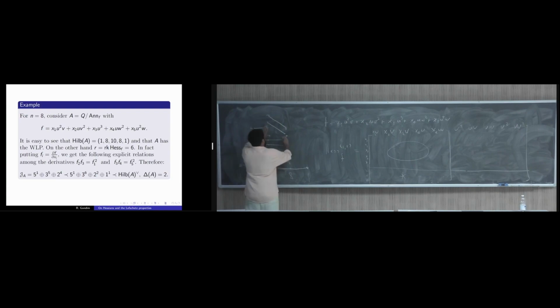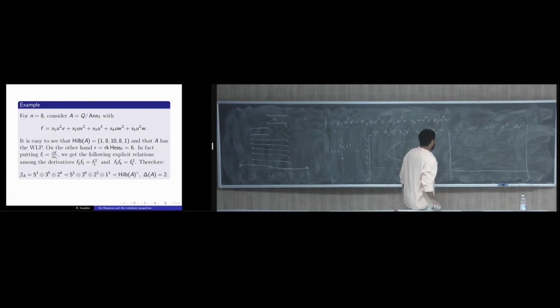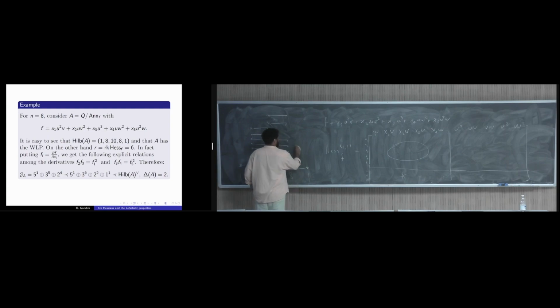It's not so symmetric, but if we change it this way, it becomes more symmetric. So the Jordan type is 1, 2, 3, 4, 5. Jordan type of A: 5, 1 plus 1, 2, 3, 1, 2, 3, 4, 5, 3, 5 plus 2, 4.